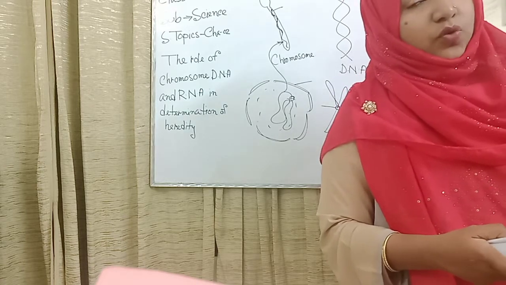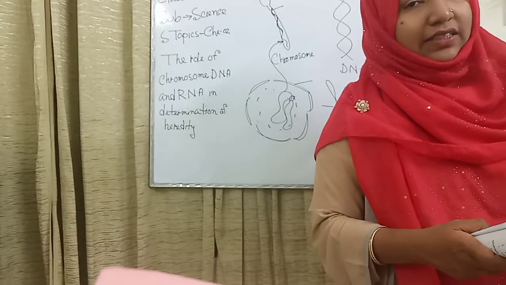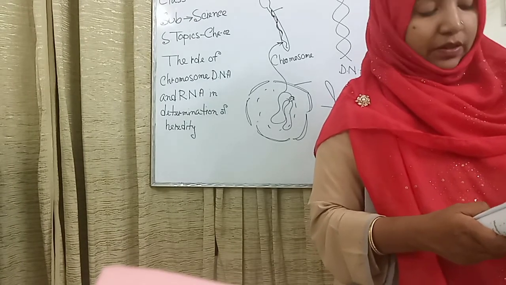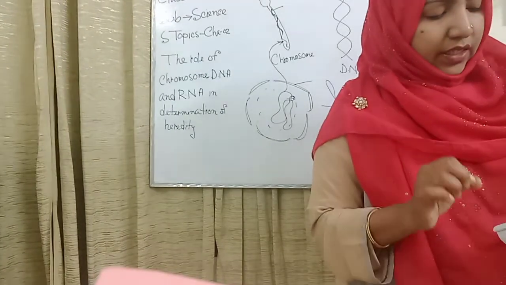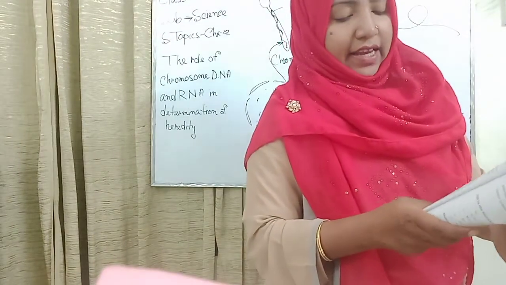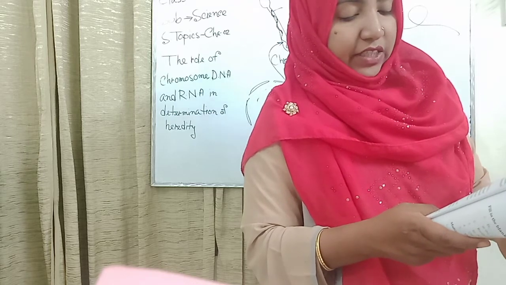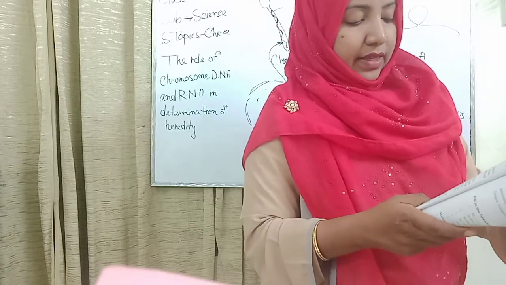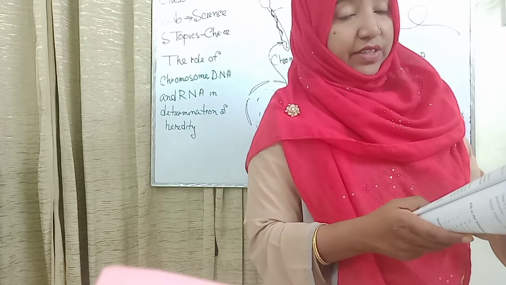Finally, we also know that chromosome is a very important organelle and it bears the physical basis of heredity. So from the above discussion, we understand that hereditary traits are maintained by meiosis and through reduction of chromosome number. The individuality of every species is restored.